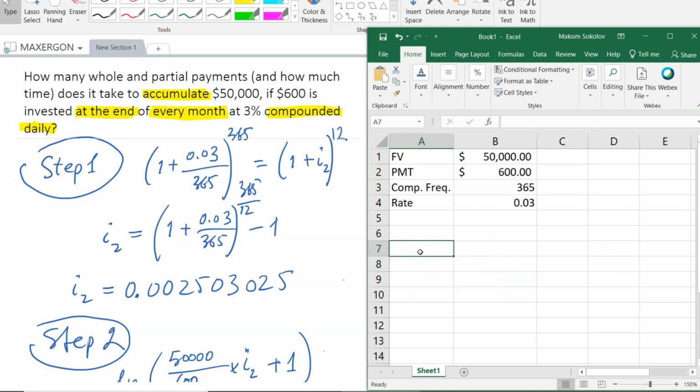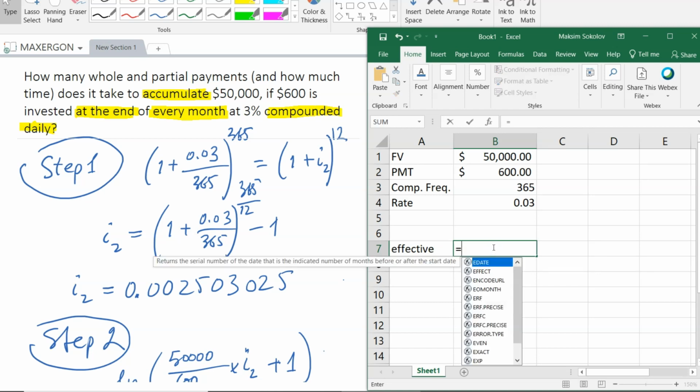We will need first to convert the rate. Because remember, Excel's functions for annuity are designed for simple annuities. In order to use those functions, you need to first convert the rate. In order to convert the rate, you have to do 2 steps in Excel. First step is to find the effective rate.